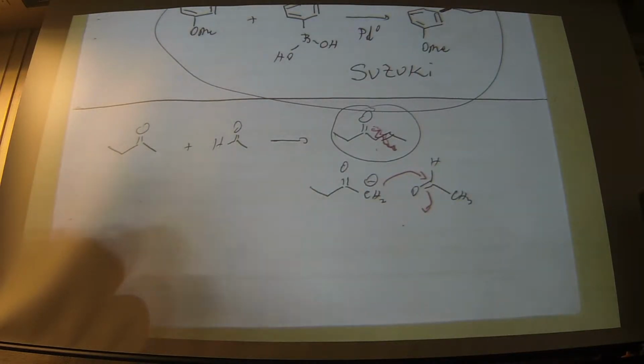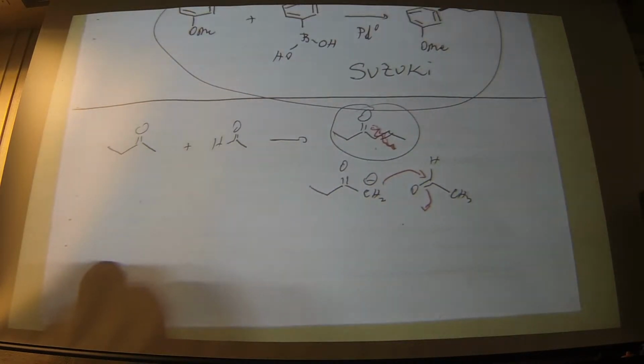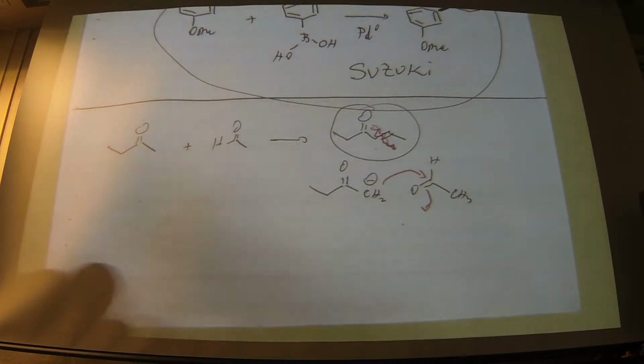Okay? So anytime you see an alpha-beta unsaturated carbonyl, we immediately mentally disconnect it into an enolate and an aldehyde, or an enolate and a ketone, or an enolate and an ester, or whatever the aldol was. Aldols are between ketones or aldehydes, but it's the same methodology.